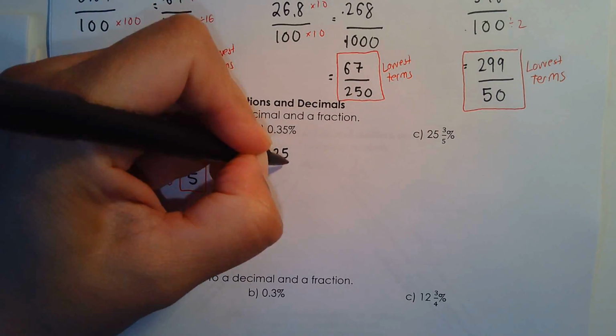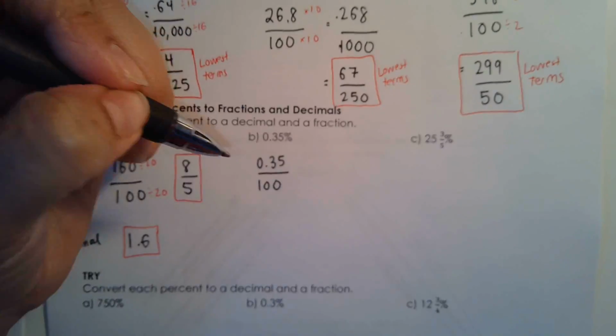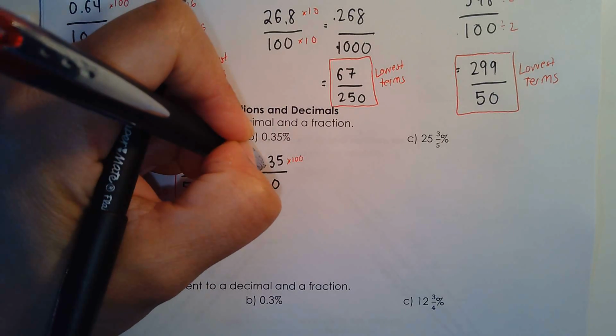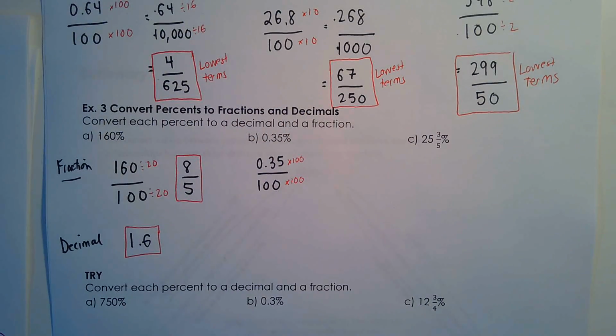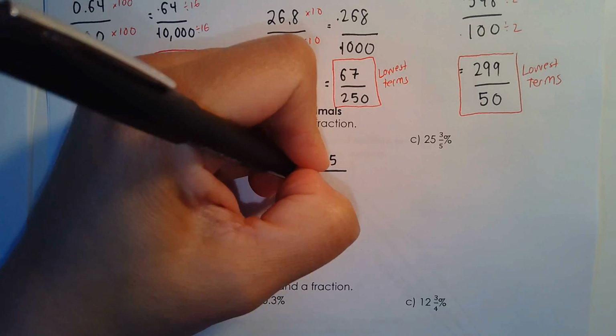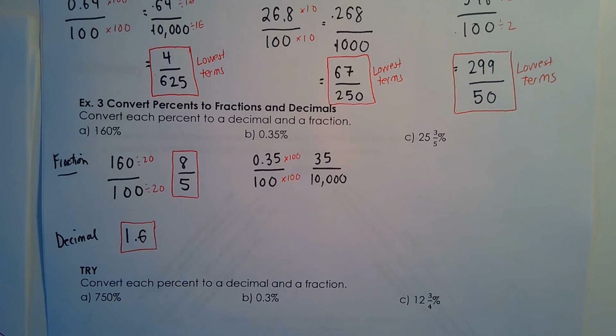So 0.35 over 100. We don't like decimals in our fraction, so I'm going to have to multiply 0.35 by 100 and do the same thing to the bottom so that I have 35 over 10,000, and I need to put that into lowest terms.